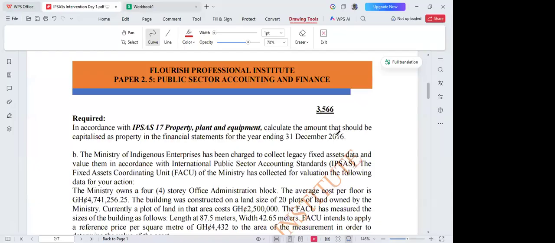Required. In accordance with IPSAS 17 Property, Plant and Equipment, calculate the amount that should be capitalized as property in the financial statement for the year ended 31st December 2016.